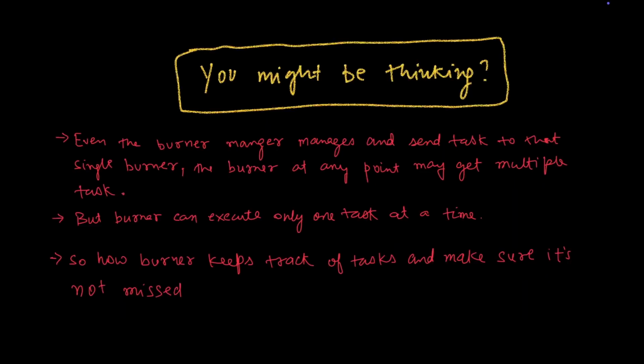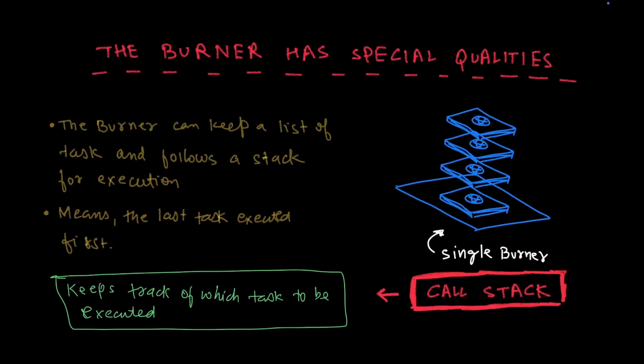Now you might be thinking, even if the burner manager sends tasks to that single burner, the burner at any point may get multiple tasks, but it can execute only one task at a time. So how does the burner keep track of the tasks and make sure none are missed? The burner has special qualities.